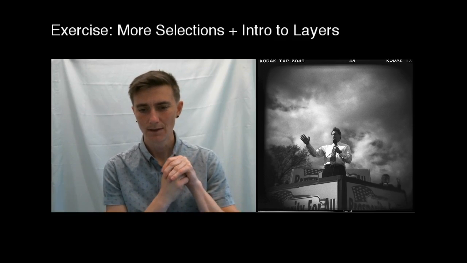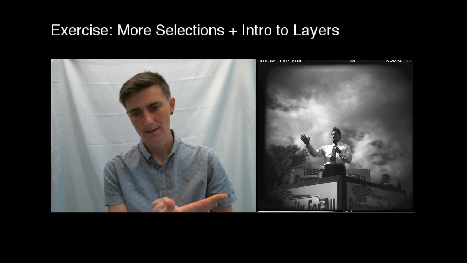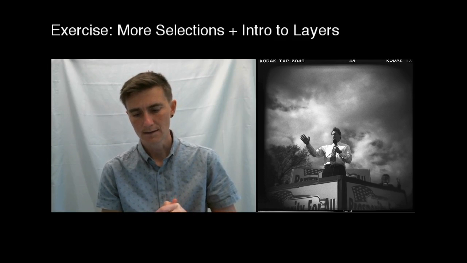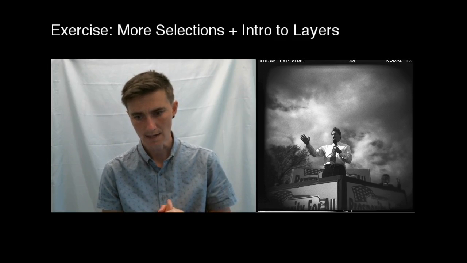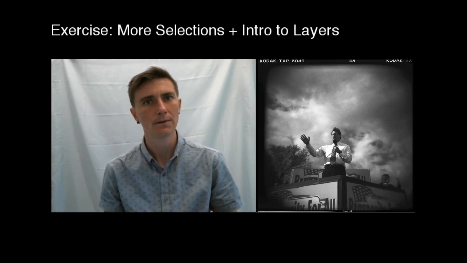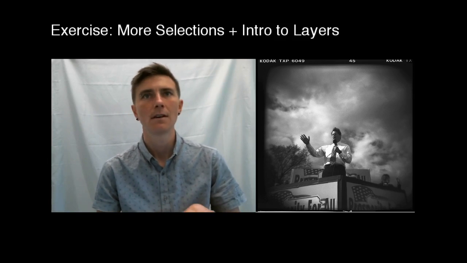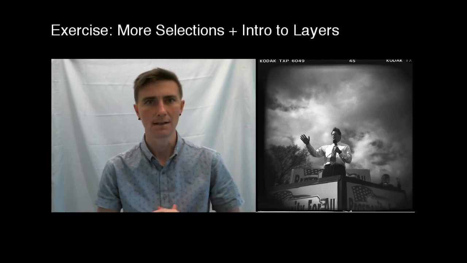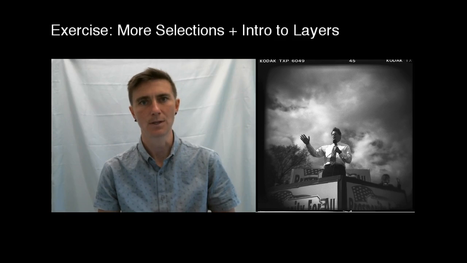So the photograph you see here was taken by a contemporary artist, David Burnett. He considers himself a journalistic photographer, which means that he's going out into the world to find his subjects in their environment and to photograph them.